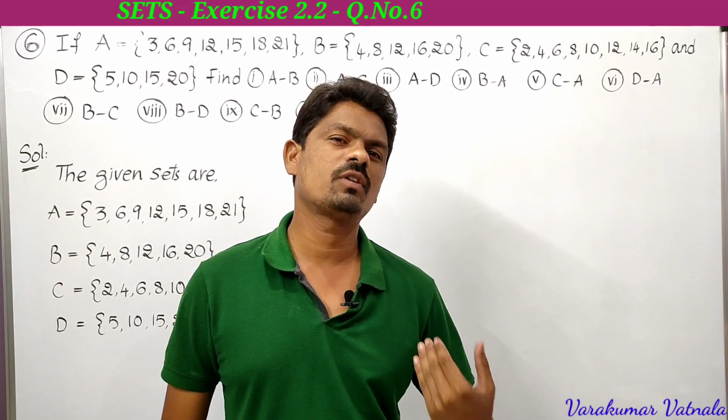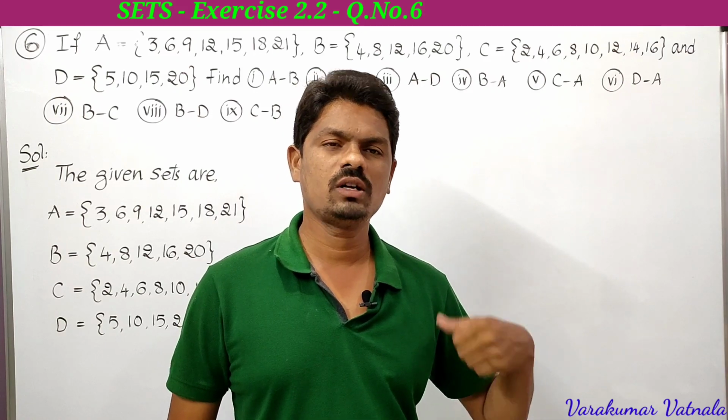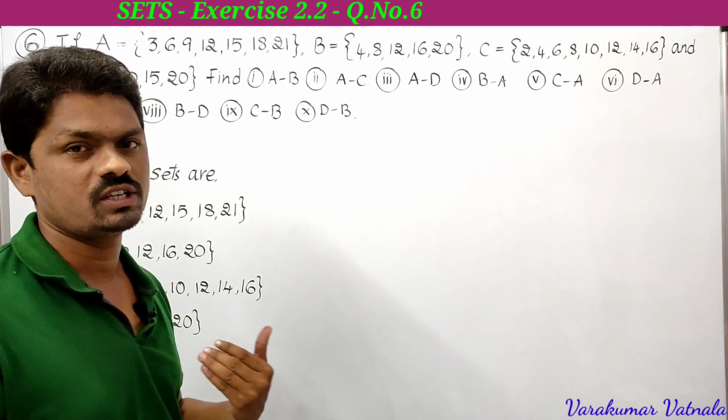Next we have to solve the sixth problem from sets exercise 2.2. Already we have completed up to the fifth. This is the sixth problem. See here what he is asking us to find.